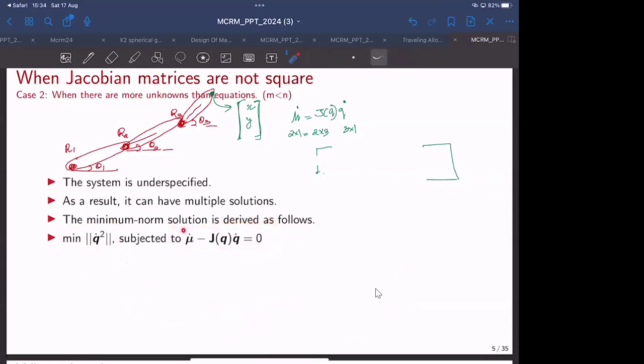Okay, so this is our constraint. We have to strictly follow this constraint, otherwise the mapping between mu dot and q dot will be lost. And in this case, our objective would be to minimize q dot such that these constraints are satisfied.